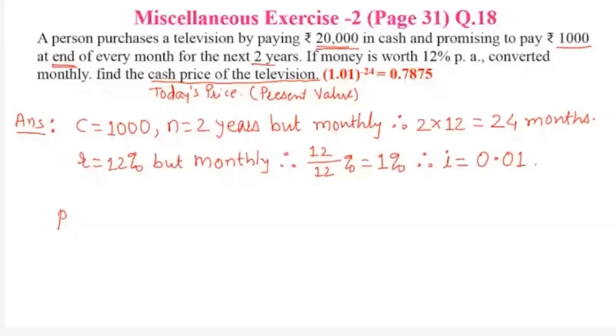P is equal to C upon I square bracket 1 minus 1 plus I bracket raised to minus N square bracket close. P में राउंड ब्रैकेट बाद में आता है. Correct? Correct दोस्तों.